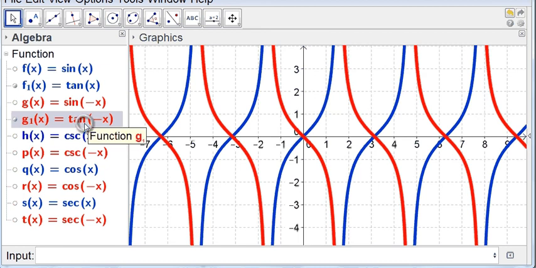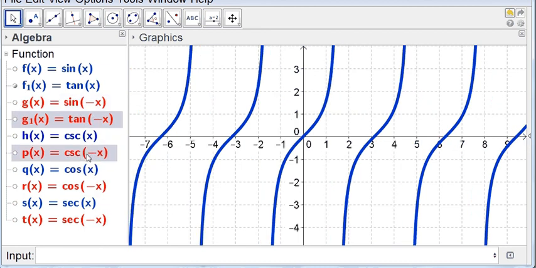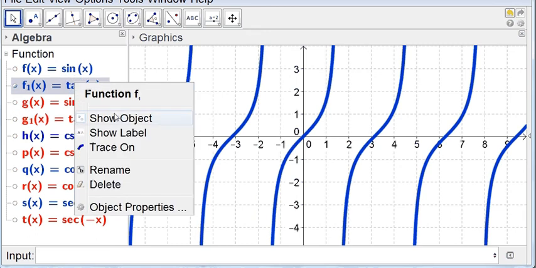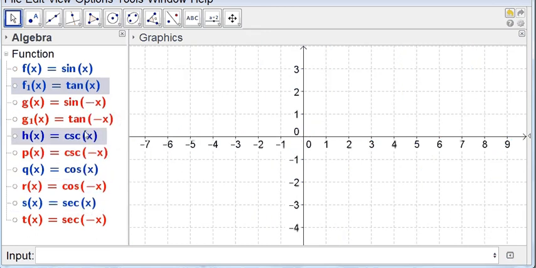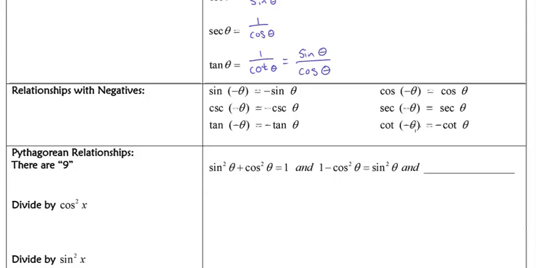Same thing with cotangent. It looks like I didn't graph that one. So I'll let you just go ahead and take my word on it that cotangent is also going to just be reflected over the x-axis when we plug in a negative theta. What will happen is that we'll end up with negative cotangent of theta.